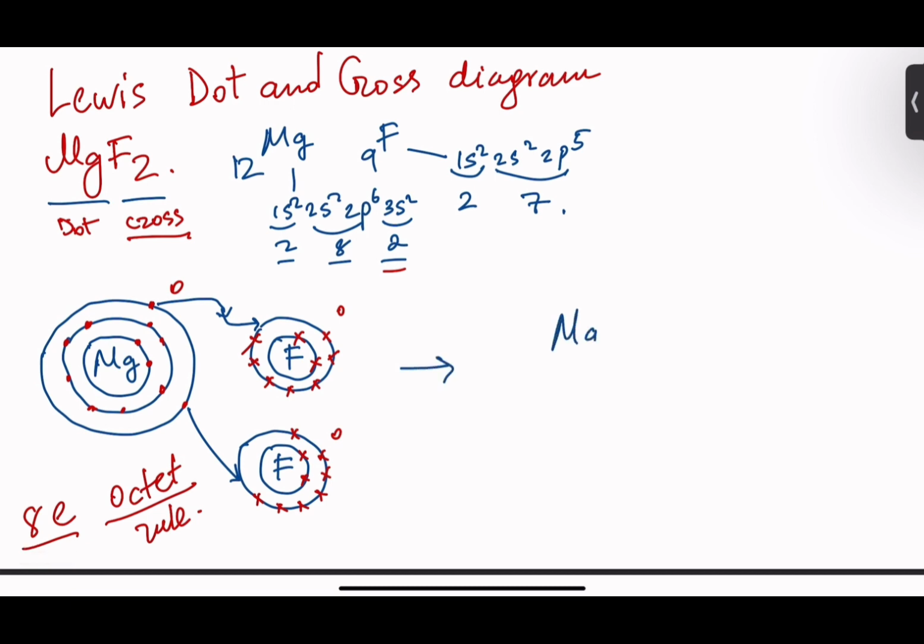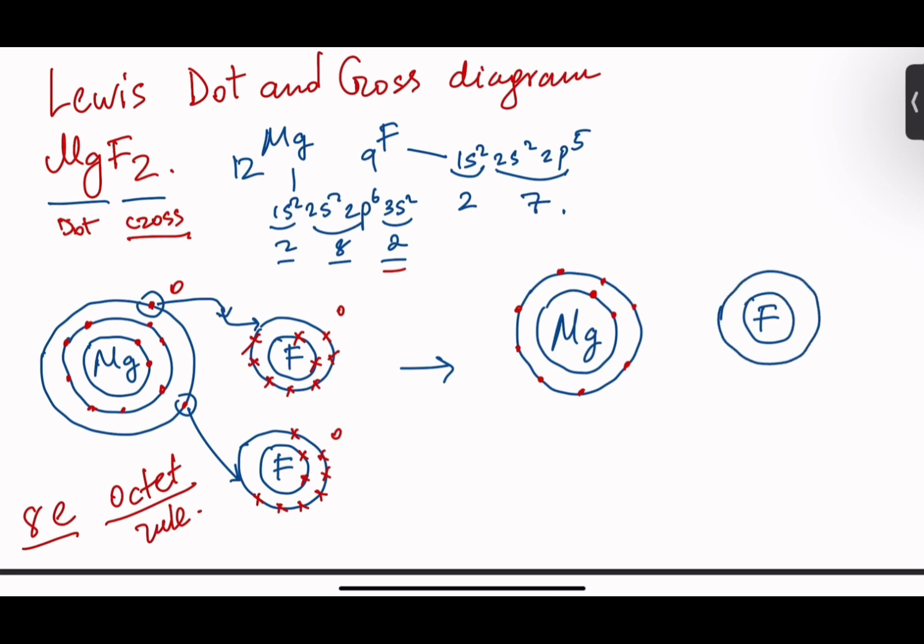Because magnesium lost both of its electrons, it has only 2 shells left, and they look like this: 1, 2, and then 1, 2, 3, 4, 5, 6, 7, 8. And now the fluorines: 1 and second shell, and another fluorine, 1 and second shell.